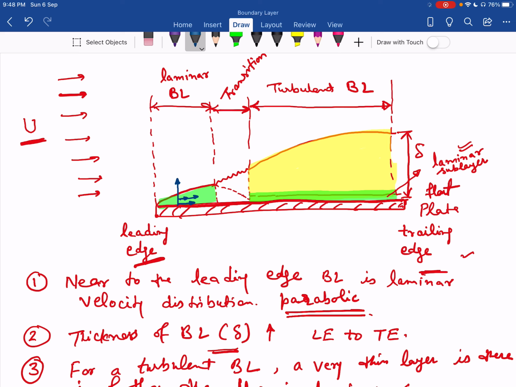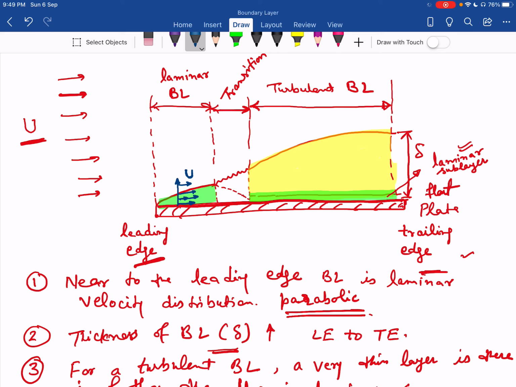This variation is parabolic in nature. It increases from 0, and when I cross the boundary, that is the red part, the velocity of the layer is capital U. So velocity along the y direction changes from 0 to almost U. The thickness of layer for which the velocity reaches 99% of the velocity of free stream, we call the thickness of the boundary layer.